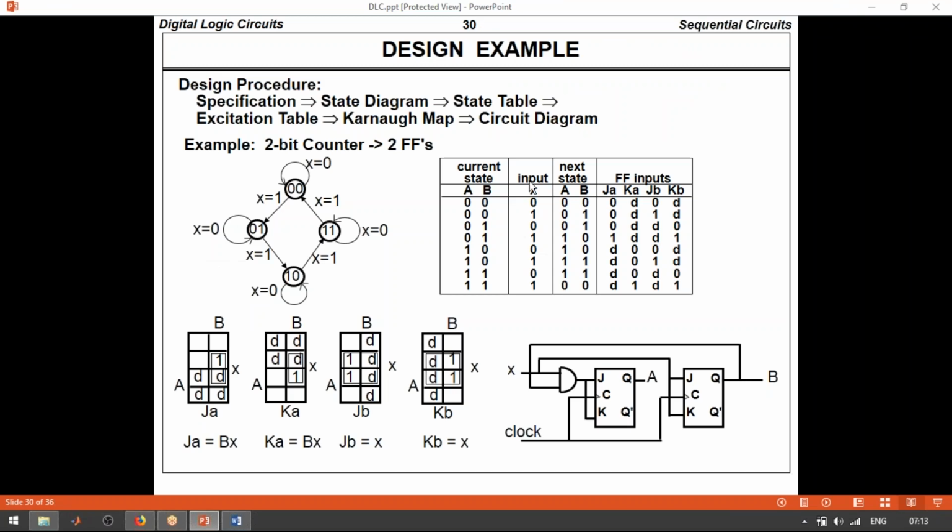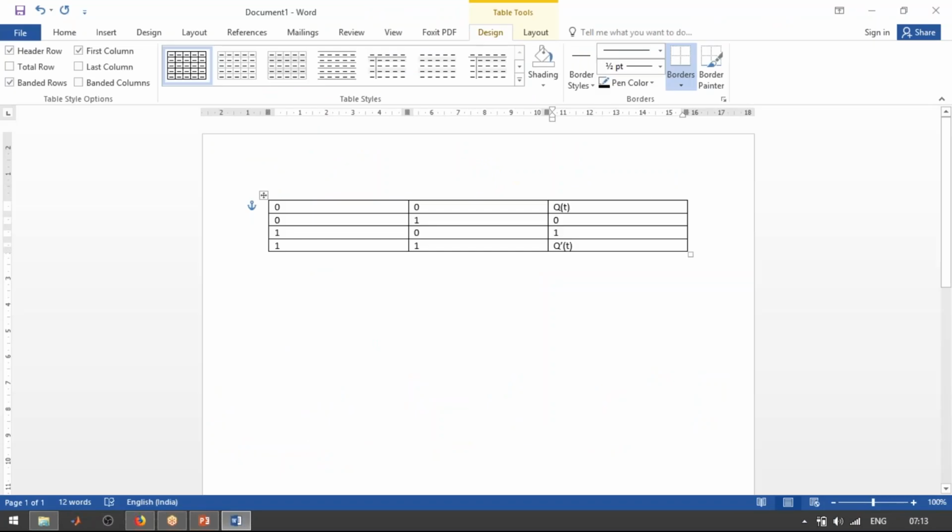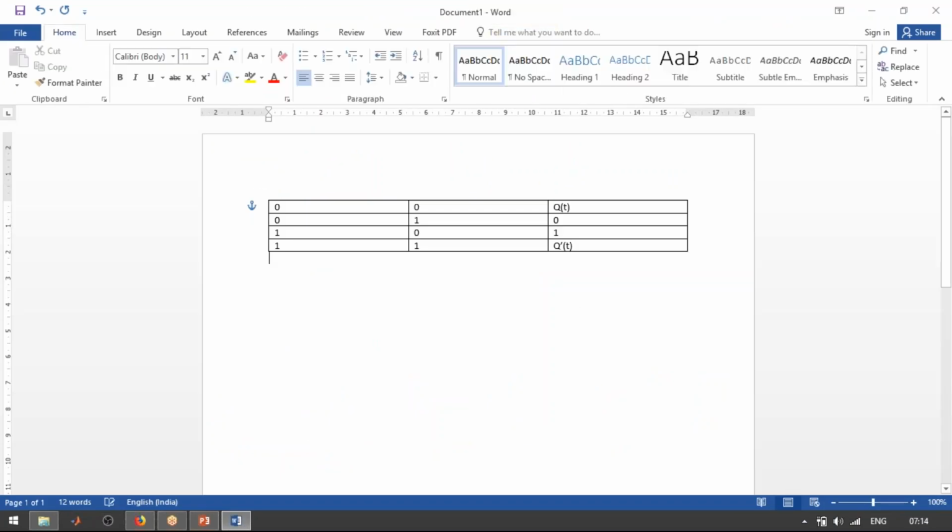Actually, if you are taking this value here, I have to consider the input and the state. If the state is 0 and the input is 0, the next state will be 0.